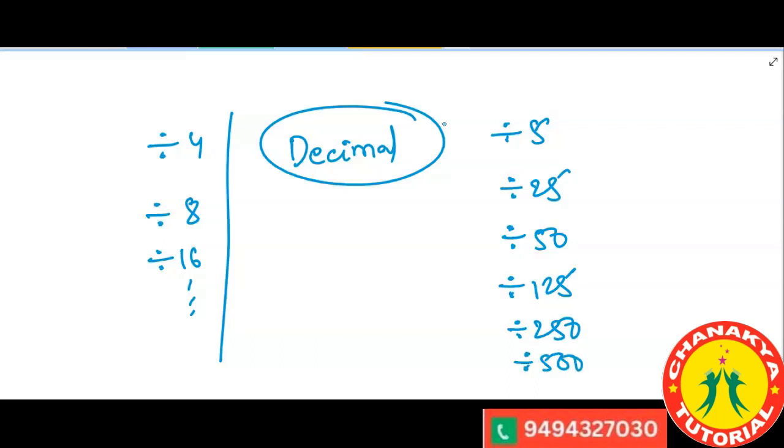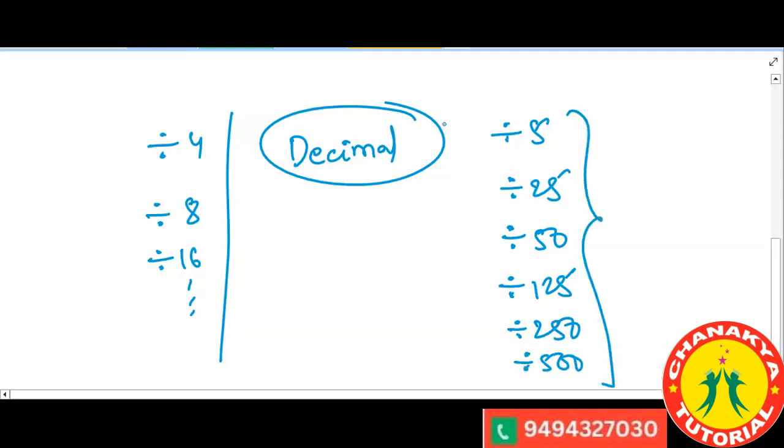Have you remembered all these numbers are available in special multiplications also? You just revise multiplication by 5, 25, 50, 125, 250 and 500 by tomorrow, so that it is very easy to understand when I am explaining divisions for these numbers. And we will see decimal movements also.